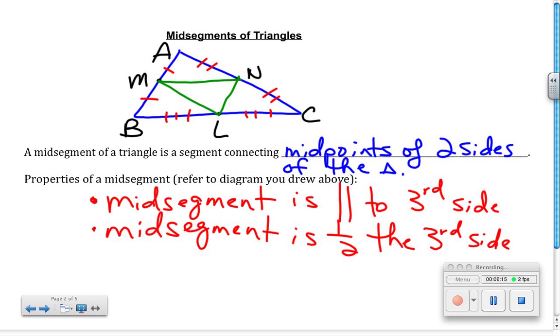Don't panic. The term, and this came up in my first period, and it went a lot more smoothly, because an observation was made that the triangles are similar. And that's a vocabulary term that we haven't dealt with yet. But similar just means that they're the same shape, but not necessarily the same size.